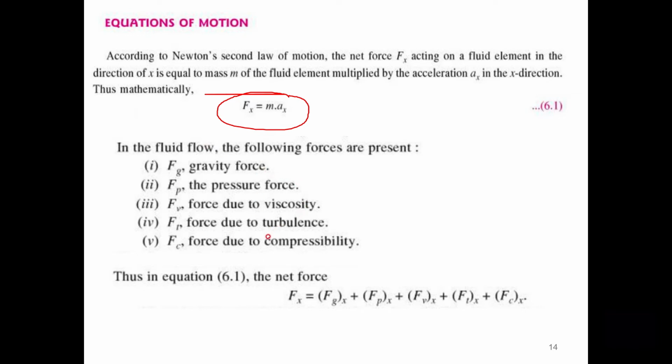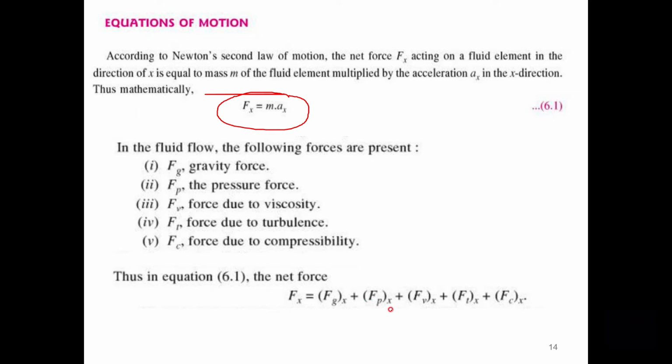So if these are all present for the motion of the fluid, then the above equation can be written as the net equation, Fx will be what? Fg plus Fp plus Fv plus Ft plus Fc. So the sum of all the forces which are making the fluid move.